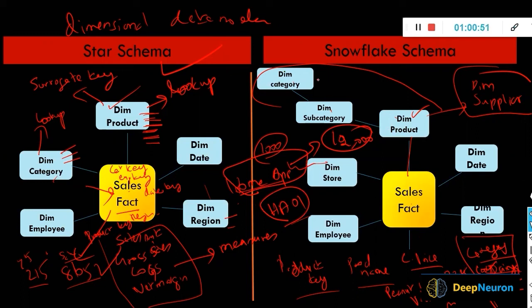From this table, you get the category name. That's why I use this term: when you do a lookup on this category table using the category key from the product table, you will get the category name. Don't worry, I will show you with an example in Power BI Desktop.